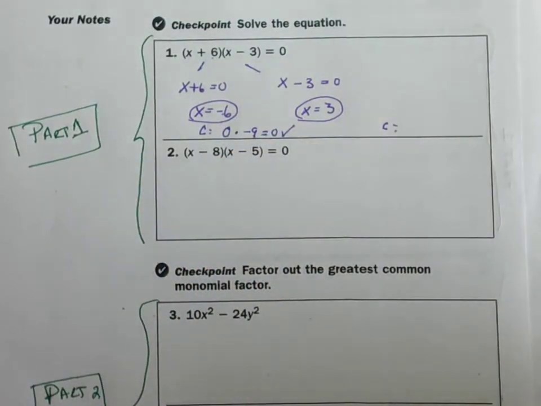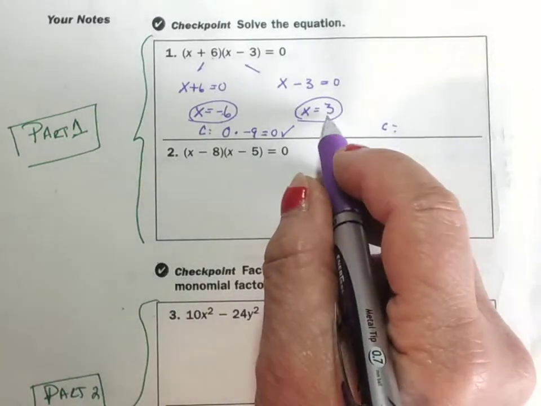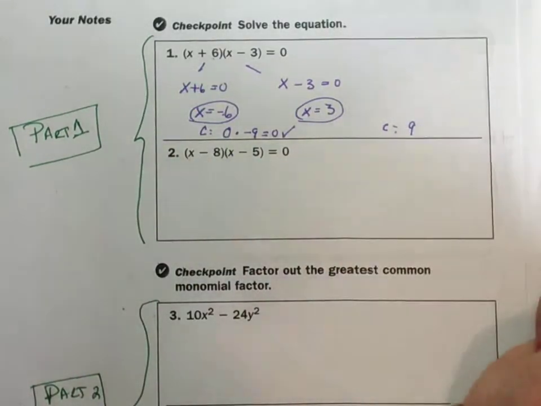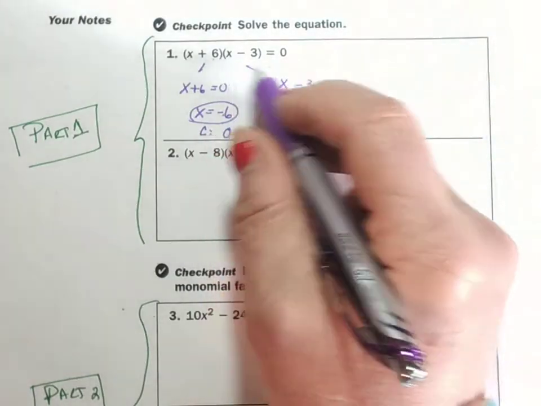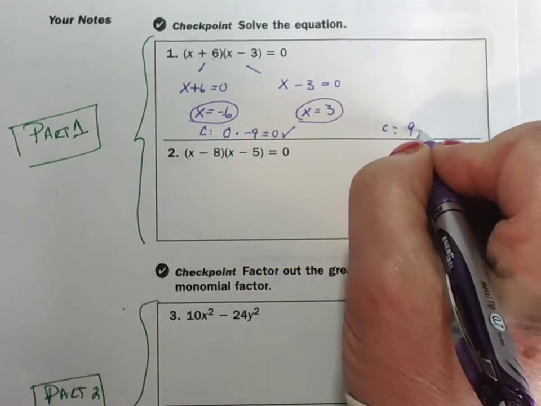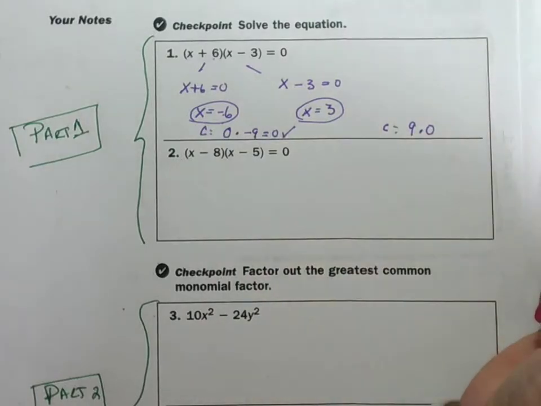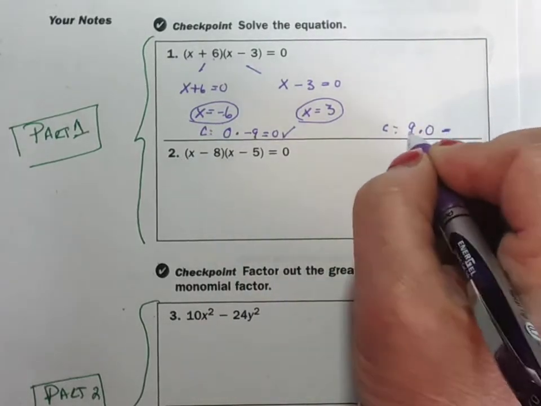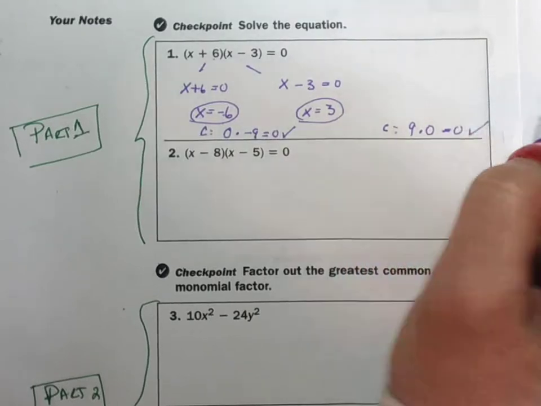That checks. Check the 3. 3 plus 6 is 9. 3 minus 3 is 0. And so 9 times 0 is 0. It checks.